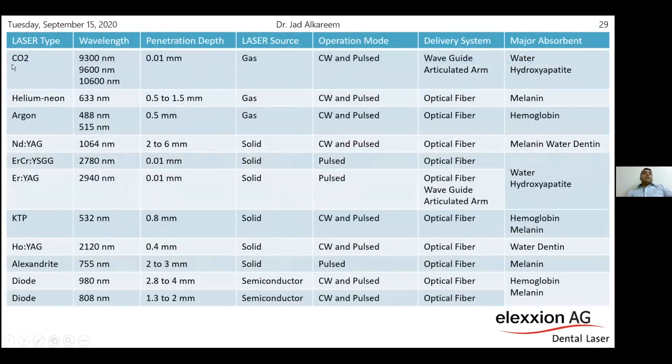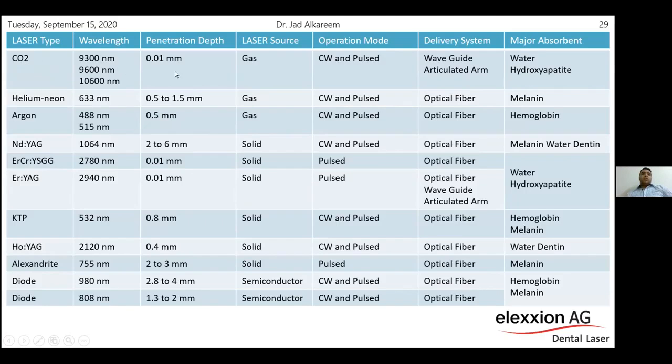Then in this slide, I'll go through it shortly. Here on the left, we have the laser type, the wavelength, the penetration depth into the tissue, the source of this laser, operation mode and delivery system, and the main absorbent that can absorb this laser.